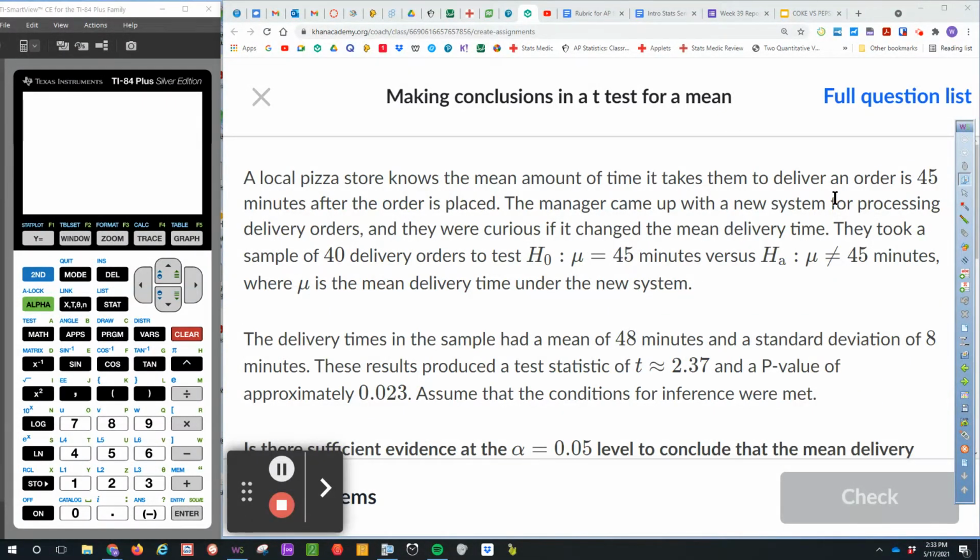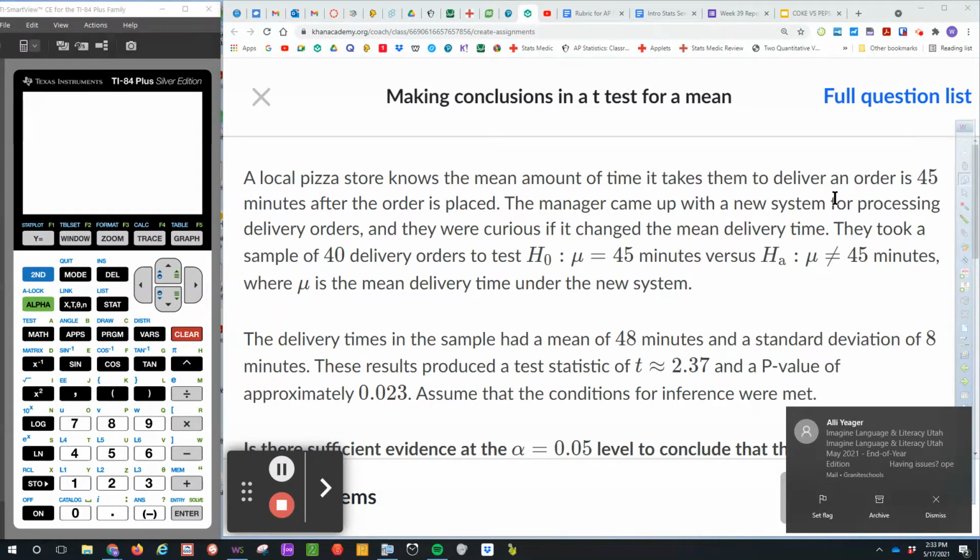A local pizza store knows the mean amount of time it takes them to deliver an order is 45 minutes after the order is placed. The manager came up with a new system for processing delivery orders, and they were curious if it changed the mean delivery time.